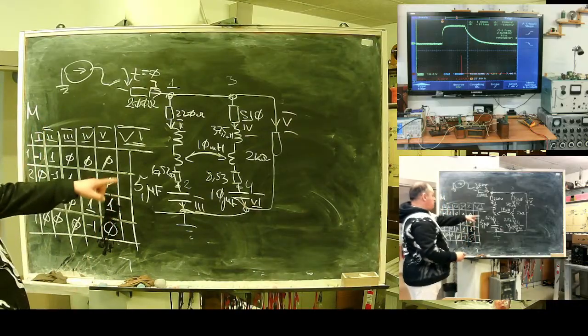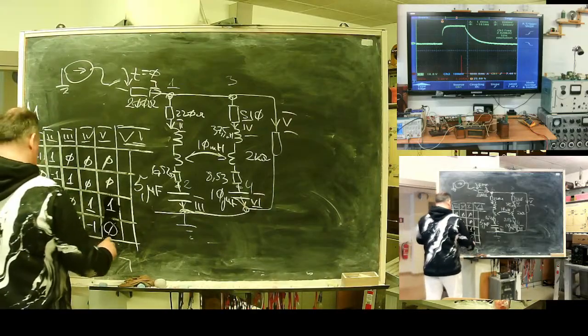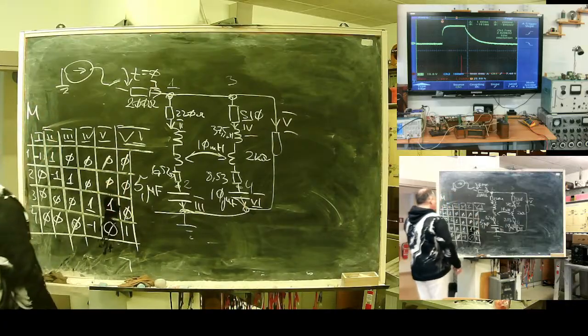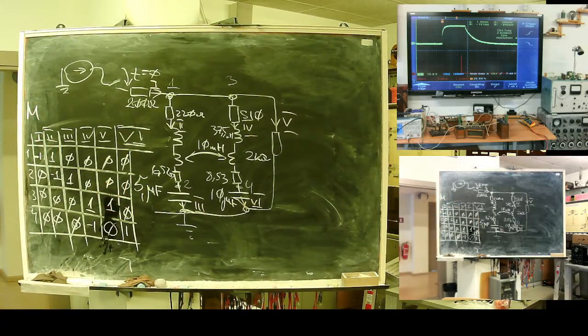And branch 6 from 4 to base node. Here is my matrix of incidence. It describes the network topology.